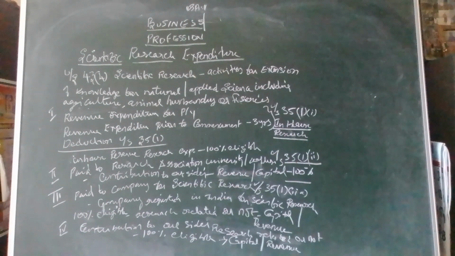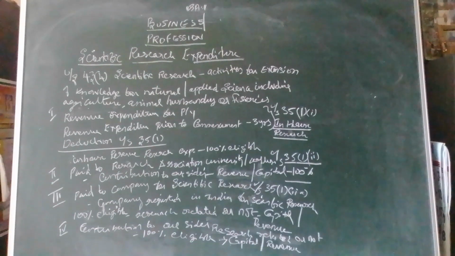In the present example, the previous year is 22-23 and the assessment year is 23-24. Any amount you spend in the previous year 22-23, which starts from April 1st to March 31st of 23, coming under this category, is eligible.